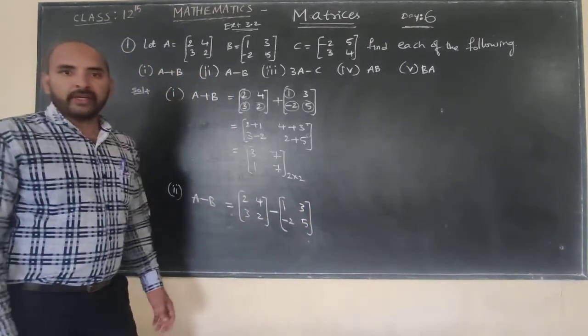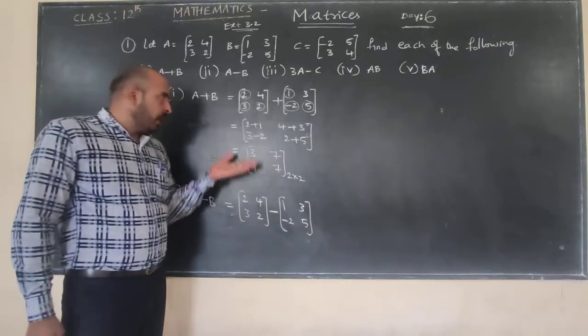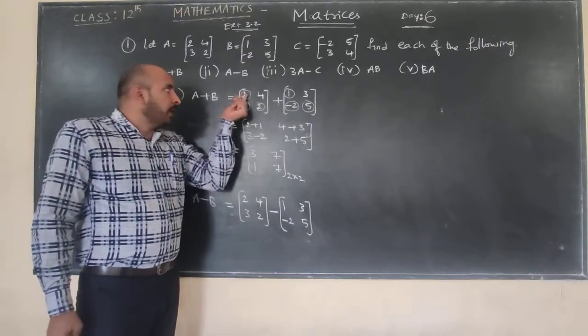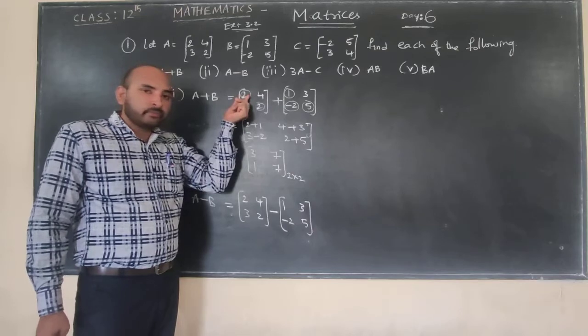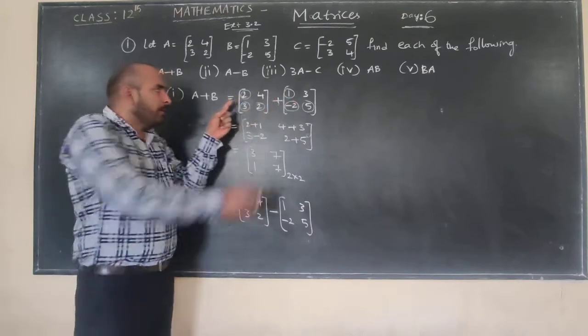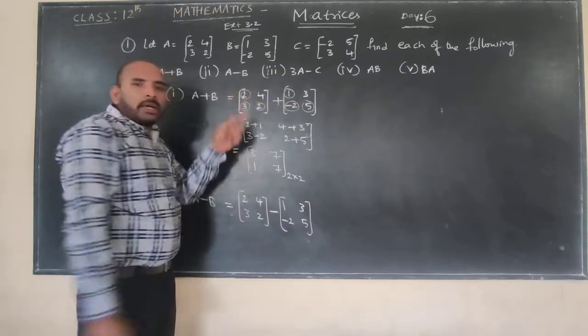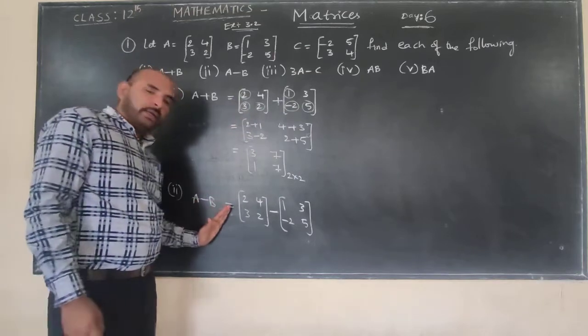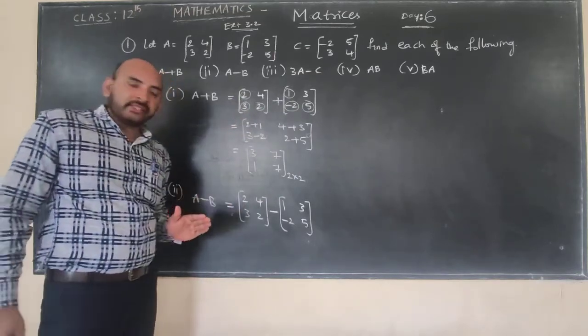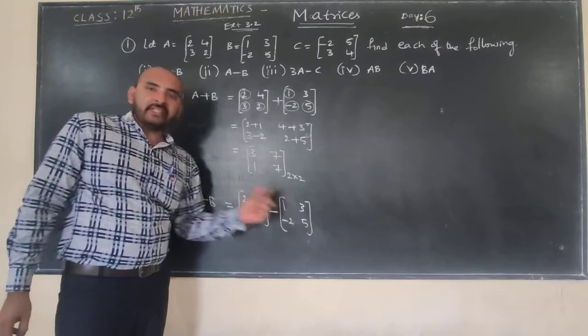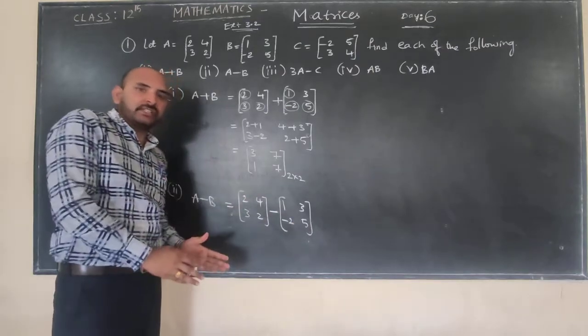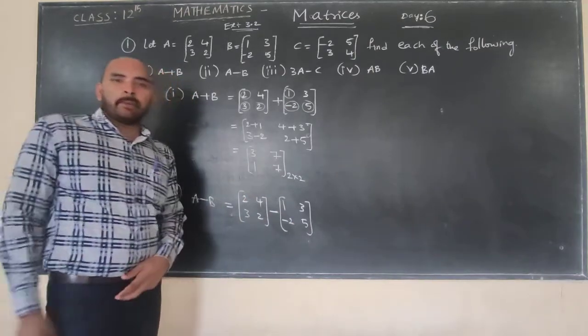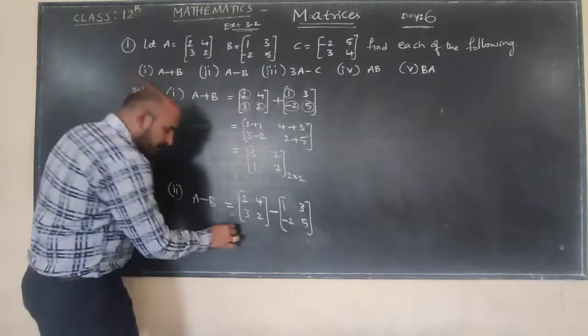Difference between two matrices, same thing. In the addition, what we did? We added corresponding elements. Here, corresponding positions in both matrices must be subtracted.